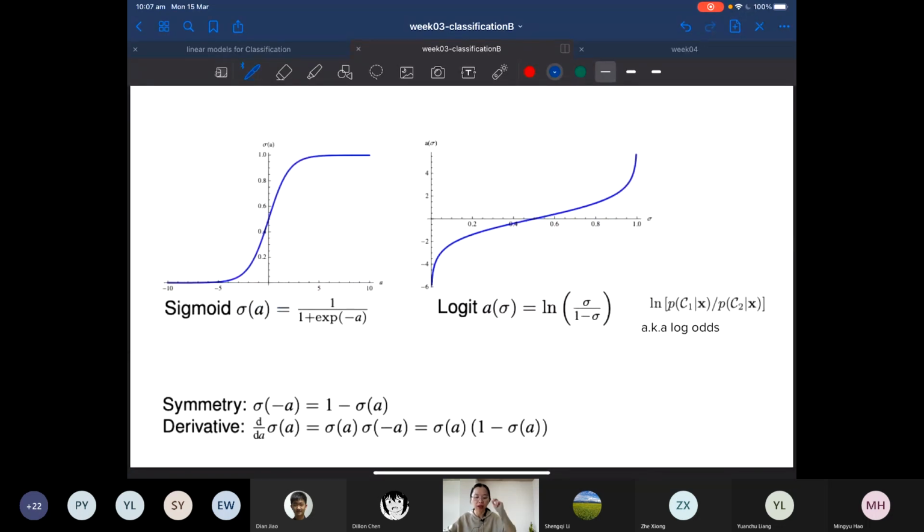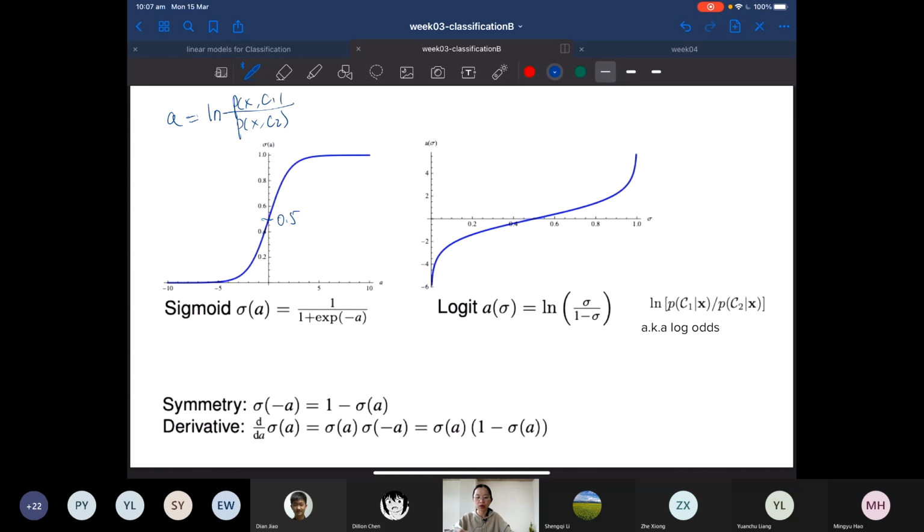What does this function look like? If we graph this, the x-axis is A, and the sigmoid of A is bounded between 0 and 1. It crosses the point 0.5 when A is 0. Recall that A is the log of P of x, C1 over P of x, C2.